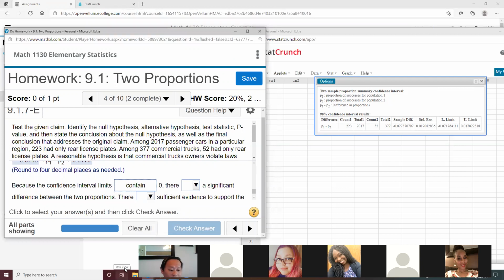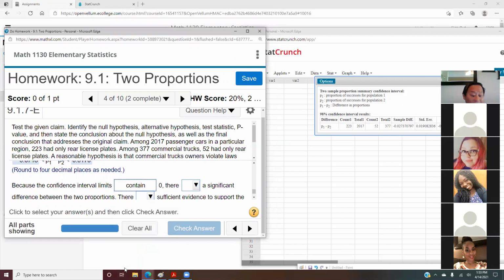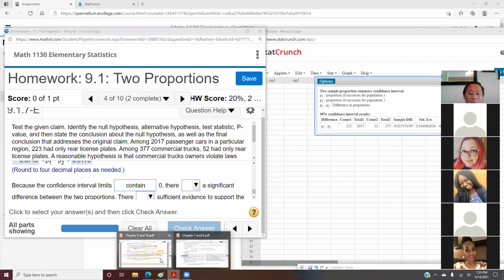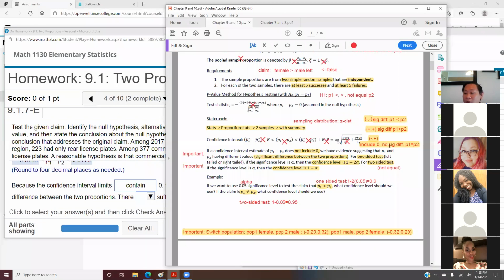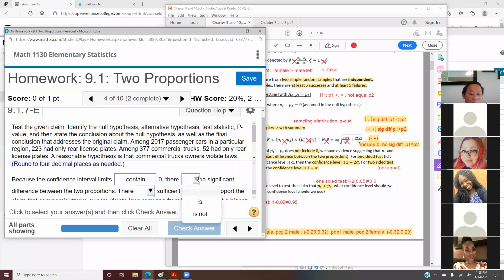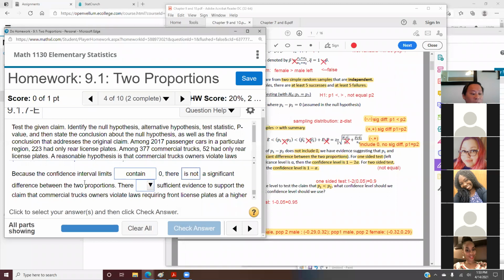So what does that mean if it's captured 0? There's no significance. Yep. If it's including 0 or captures 0, no significant difference, P1 equals P2. So there is no significant difference between the two populations.